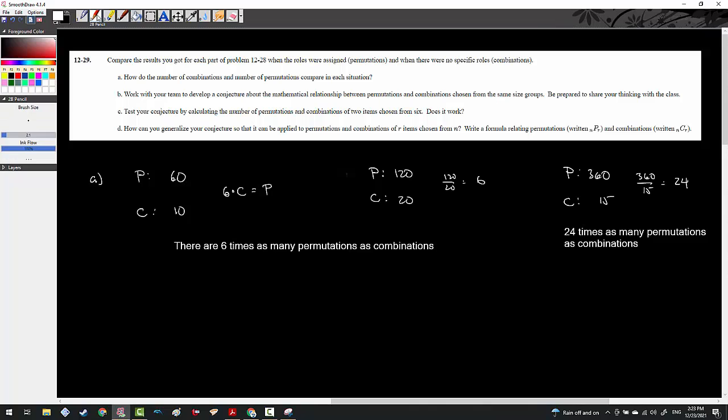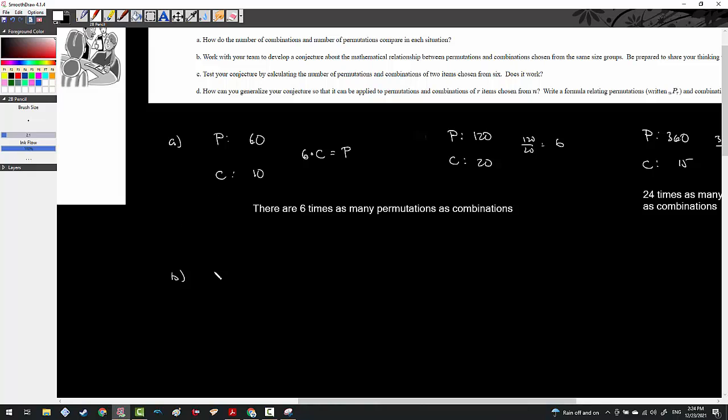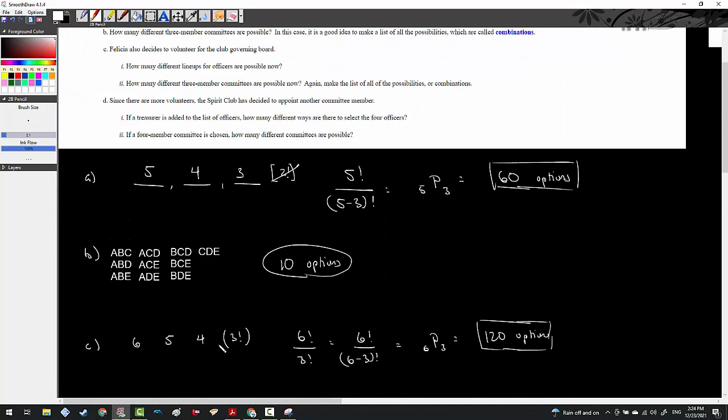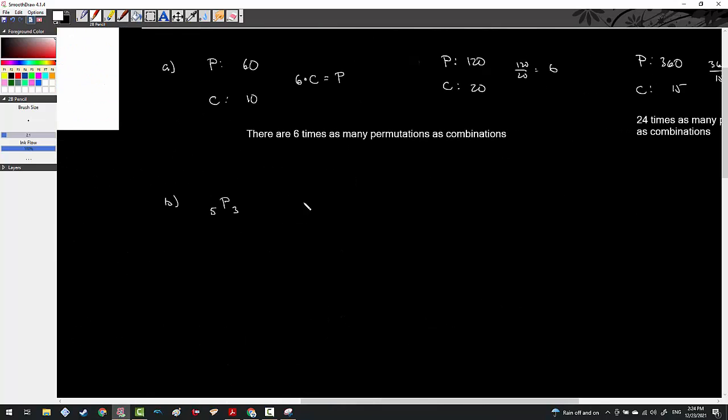So what's the relationship that we're going to try to extrapolate here? Well, if we look at each situation, in the first situation, we had 5 permutation 3. The next one we had 6 permutation 3.